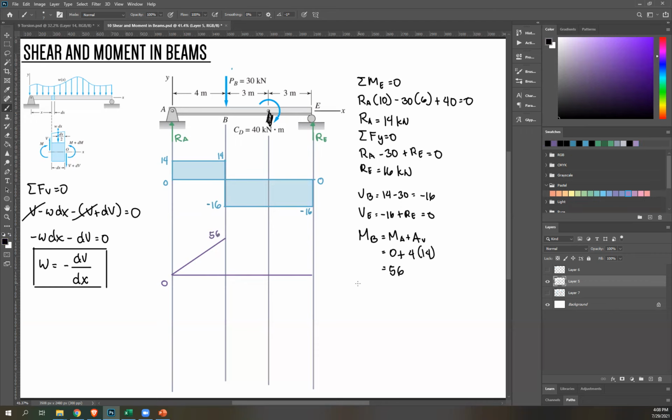Next, to get moment at D, do the same thing. Moment at D, moment at the previous point. So moment at B plus area of your shear force diagram. Moment at B is 56 plus base times height, 3 times 16. What's the answer? Sorry. By the way, negative area, so this is going to be negative.